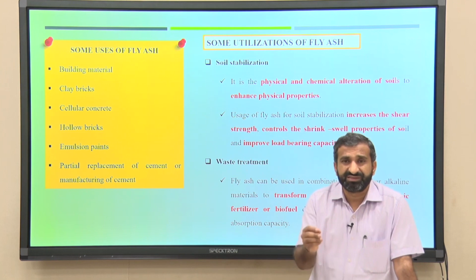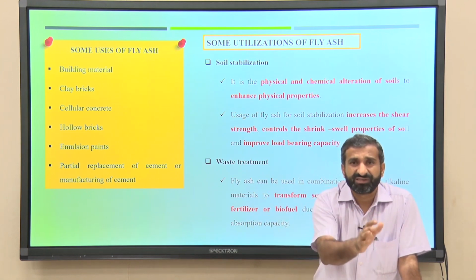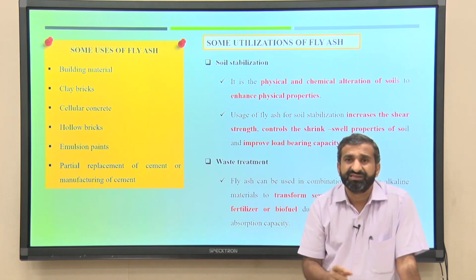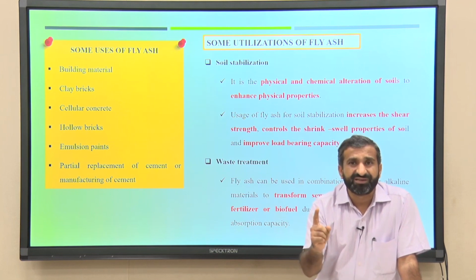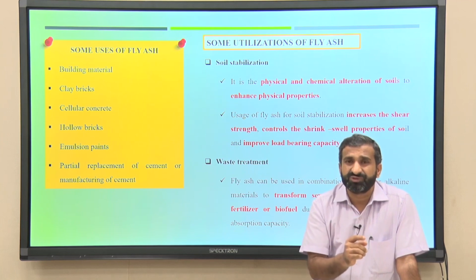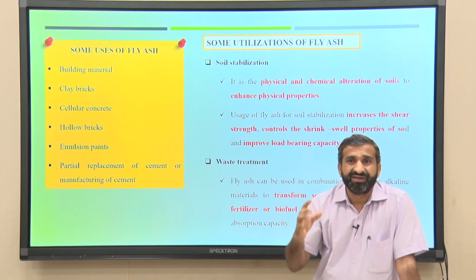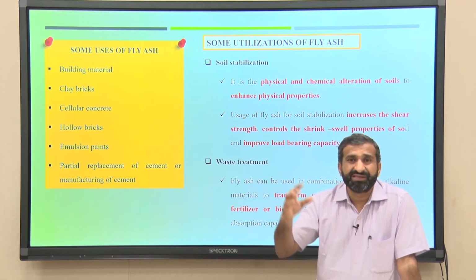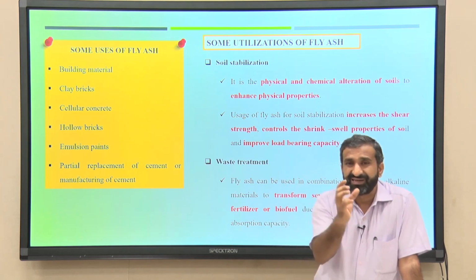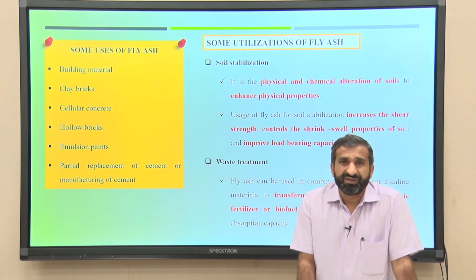Per ton of waste incineration, the bottom ash production is around 100 to 200 kg, or 150 to 300 kg. You understand how much bottom ash is produced from 1 ton of incineration, and also the fly ash. And suppose that plant capacity is 300 to 500 tons per day, you understand how much bottom ash or fly ash is getting produced.